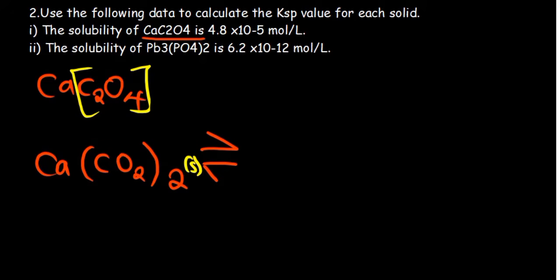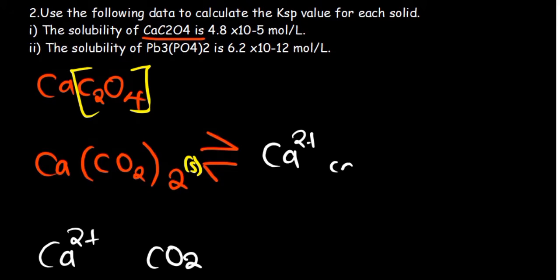Which proves to say we're going to have calcium ion reacting with carbon dioxide, right? So therefore, we have calcium 2 plus in aqueous state with carbon dioxide in aqueous state.